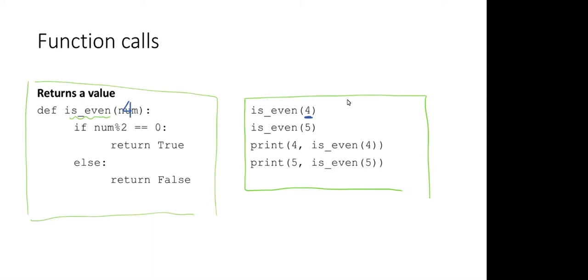So if 4 modulus 2 is equal to 0, return true. But unfortunately, true is returned into this position, and there's nothing being done with it. Notice that there is no print statement and no if statement. There's nothing that can be done with the true. So you just return true and do nothing with it. It gets thrown out.